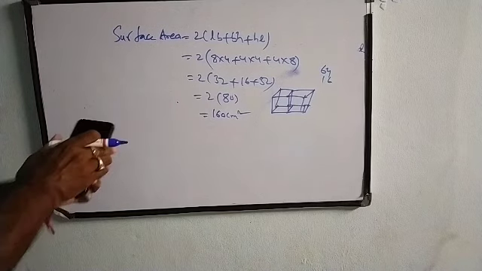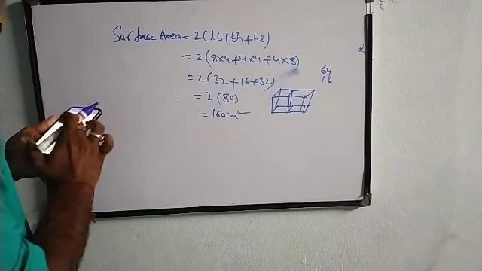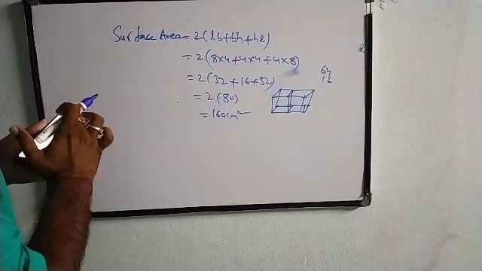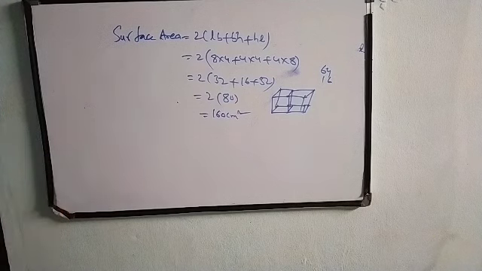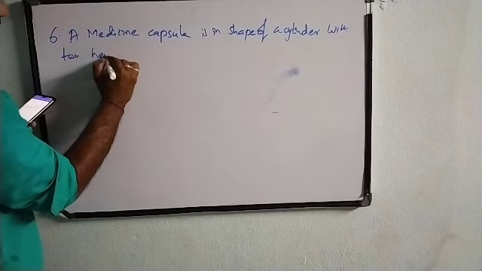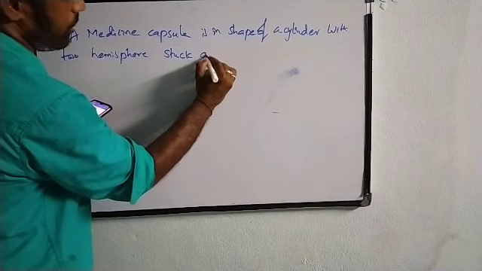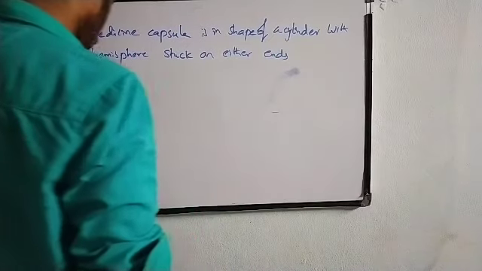Next, let us take another question. A medicine capsule is in the shape of a cylinder with two hemispheres stuck on either end.